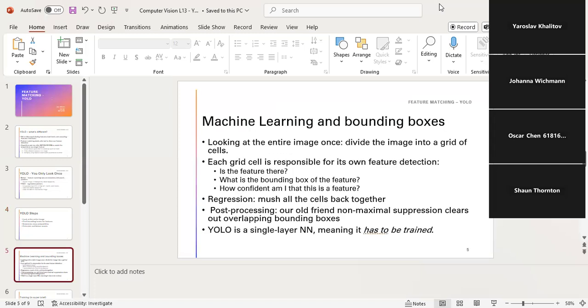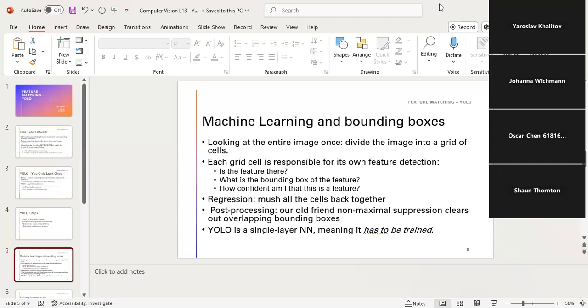So this is kind of how it goes with the bounding boxes. Like I said, what you do is you have this grid, and in every grid cell, it makes its own determination as to whether or not the feature is in that grid cell. And then the regression side is it just sort of mushes all the cells back together into an image.